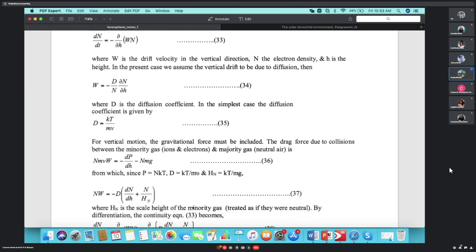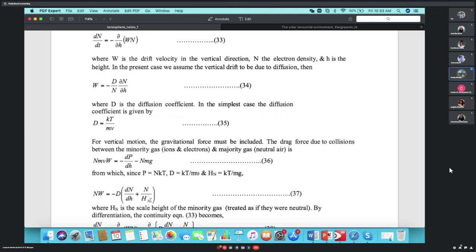So Nw, you take this m into V, these two to the right hand side, then it becomes D equal to kT by mV. You can do this very simple calculation, and Nw becomes equal to minus dN/dh plus N by Hn. Here the subscript n signifies that this scale height is only for the ions and electrons. It is not for the majority gas.